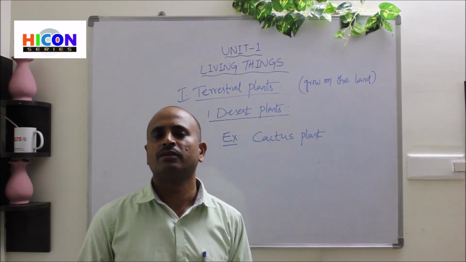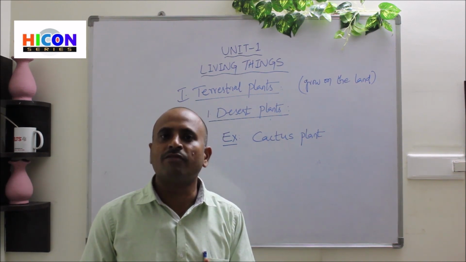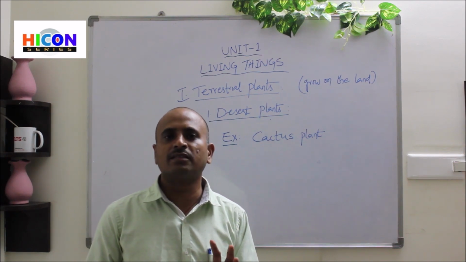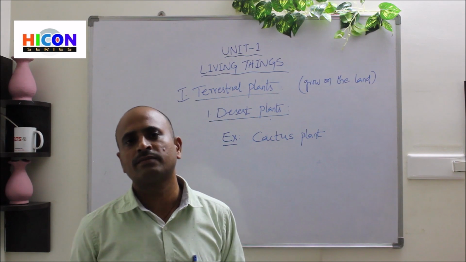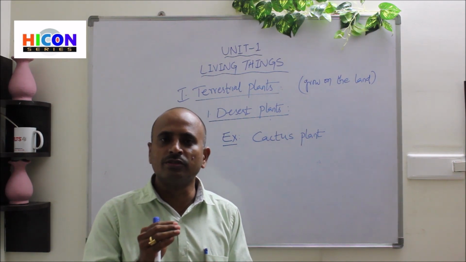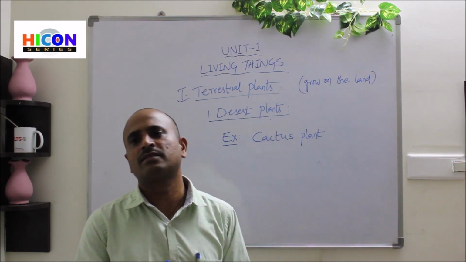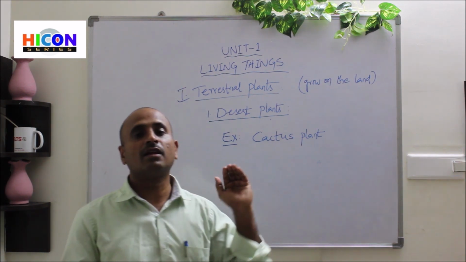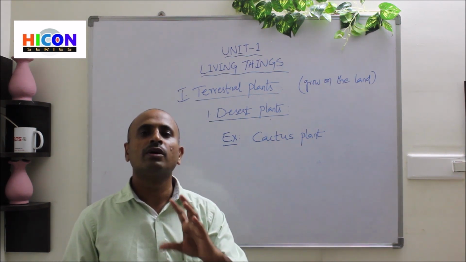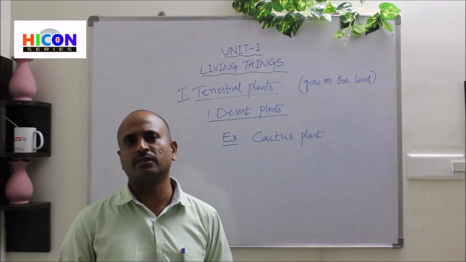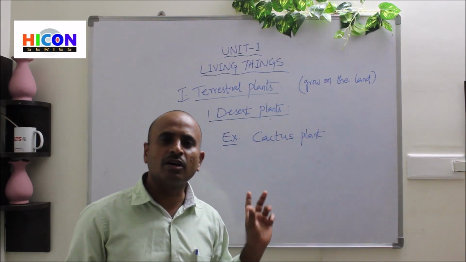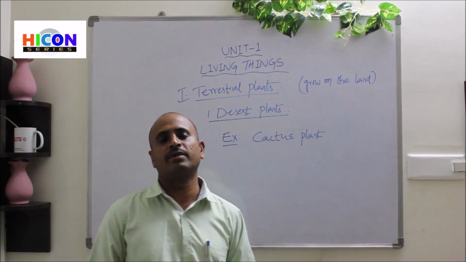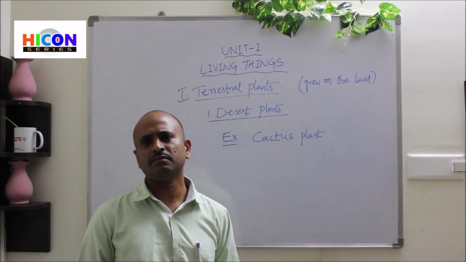So to prevent the loss of water, these plants do not have leaves, and the leaves are reduced into the shape of spines. These spines also protect the plants from grazing by desert animals.